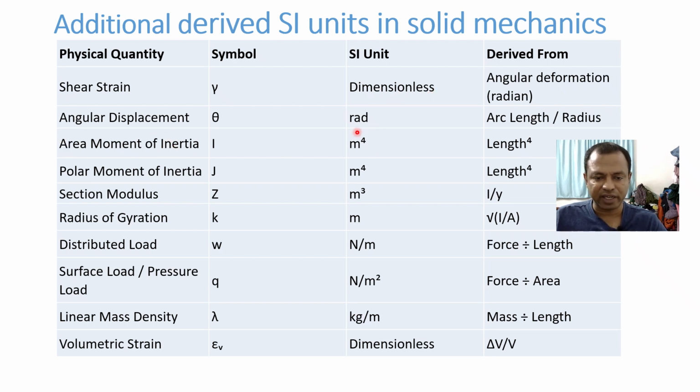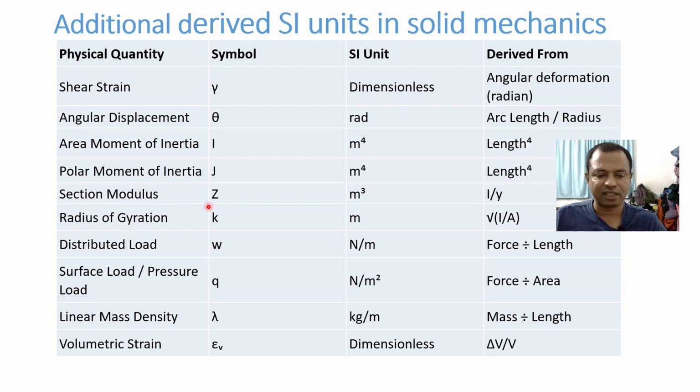Angular displacement, radians. Area moment of inertia, symbol is I, and its unit is meter raised to 4. So it is derived from length raised to 4. Unit of length is meter. And polar moment of inertia, the symbol is J, and it is also meter raised to 4.